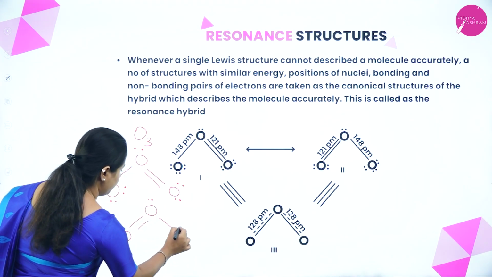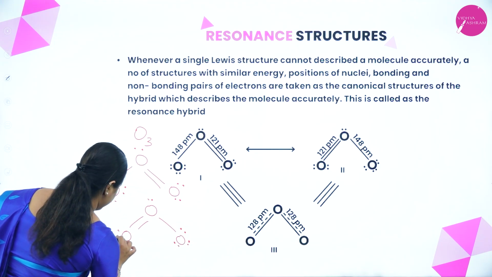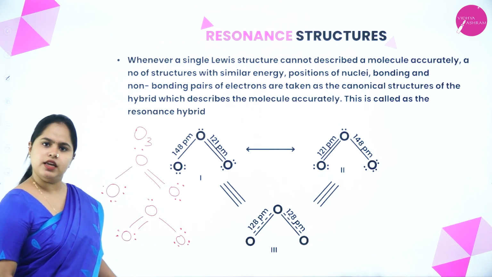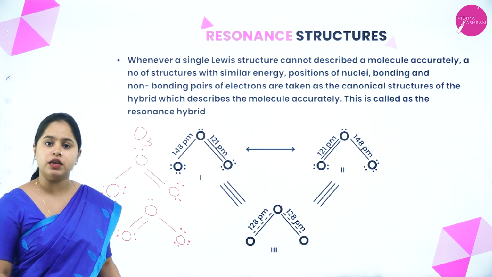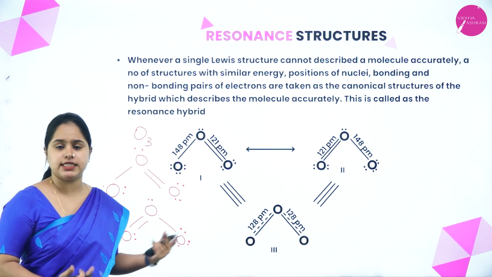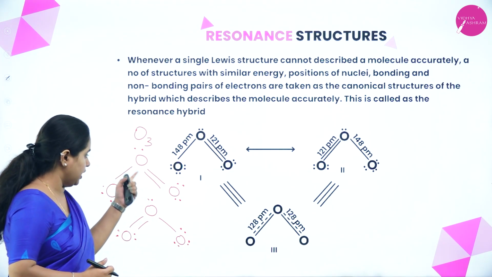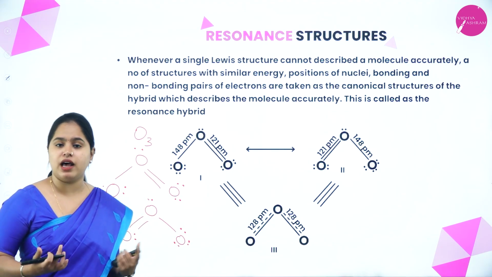Here it will be 2, here 6 electrons, and here 4 electrons, right? Even this is correct. All the oxygen atoms have 8 electrons in the outermost shell. Each atom is attaining its octet. So as you can see, both of these structures are correct.